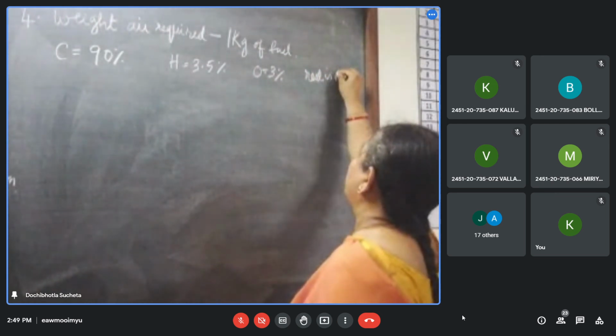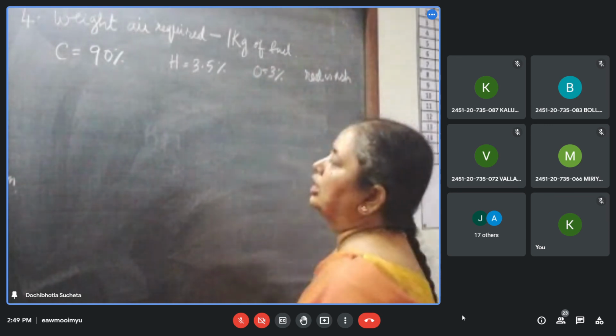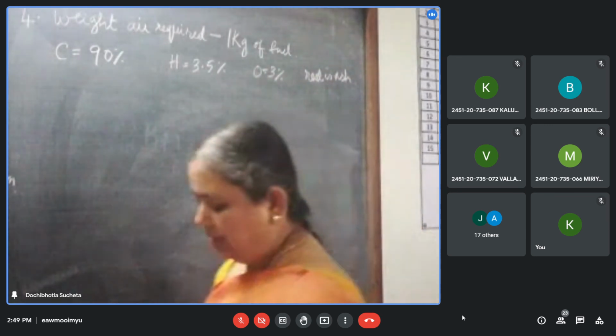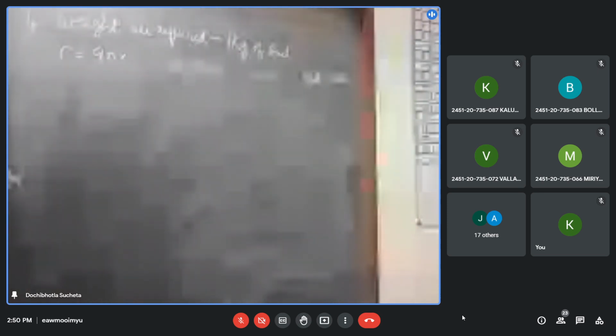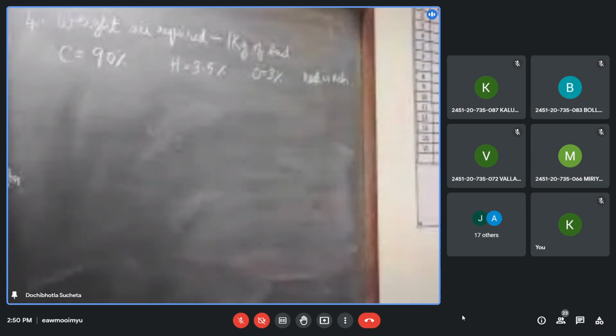Answer the question. Calculate the minimum weight of air required for the complete combustion of 1 kg of fuel containing 90% carbon, 3.5% of hydrogen, 3% oxygen, and the rest is ash.